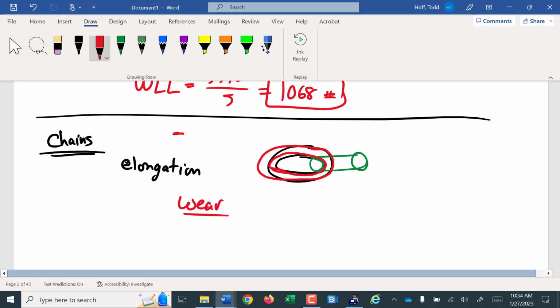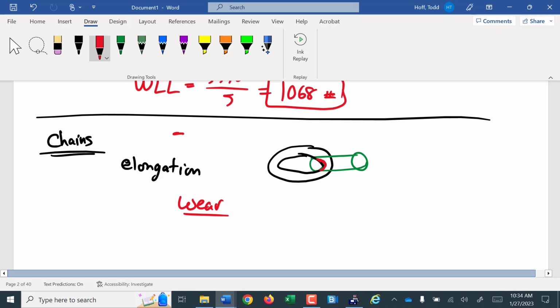And what that means is in the joints here, where the two links rub together, the metal wears away. Every time two pieces of metal come together, flex particles of the metal peel off and are lost.